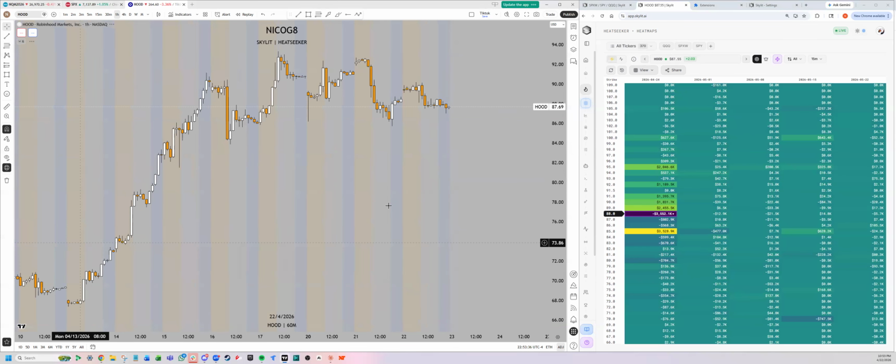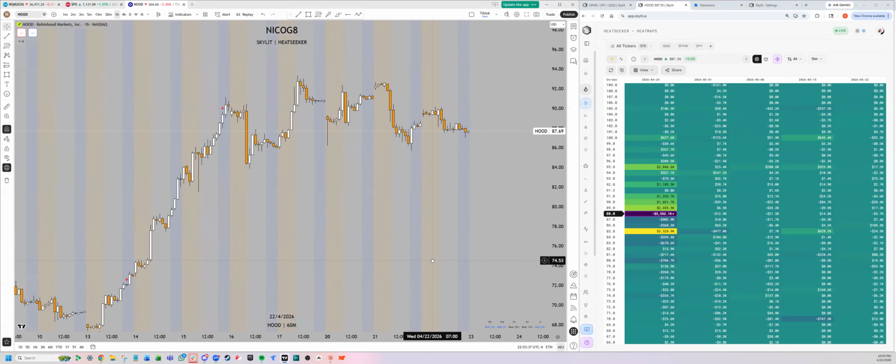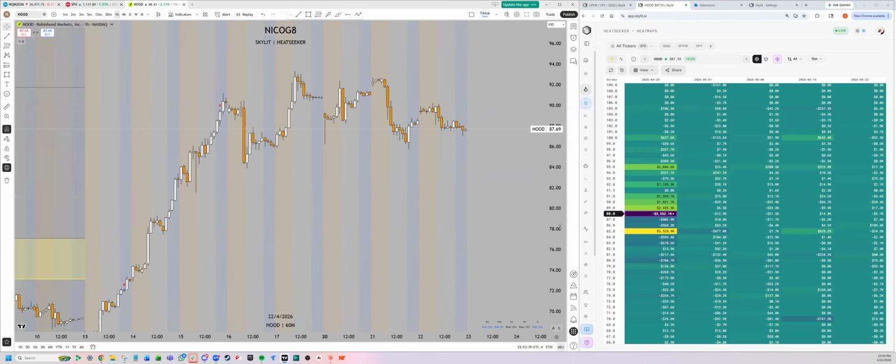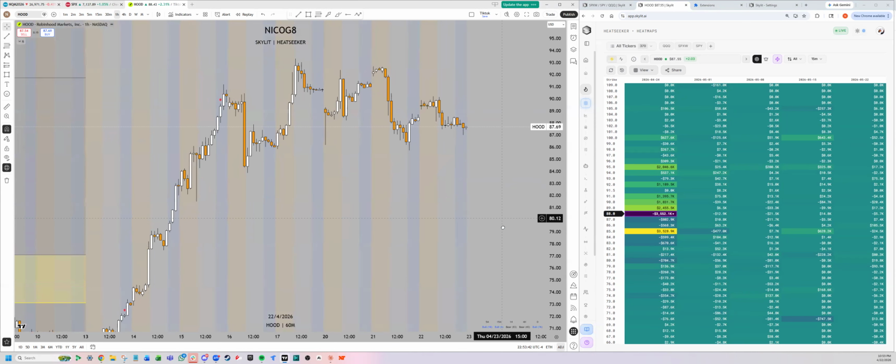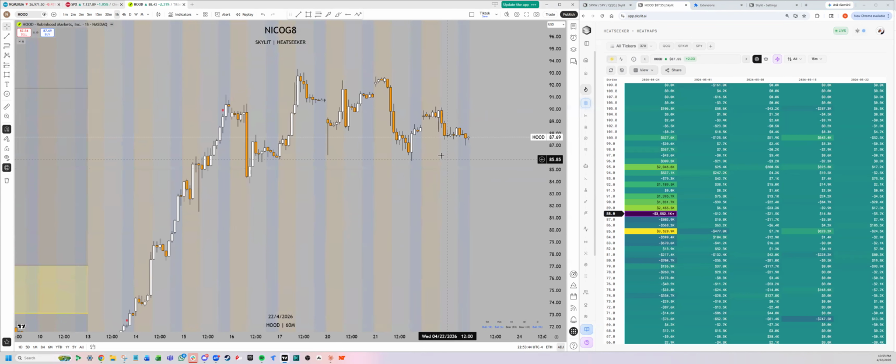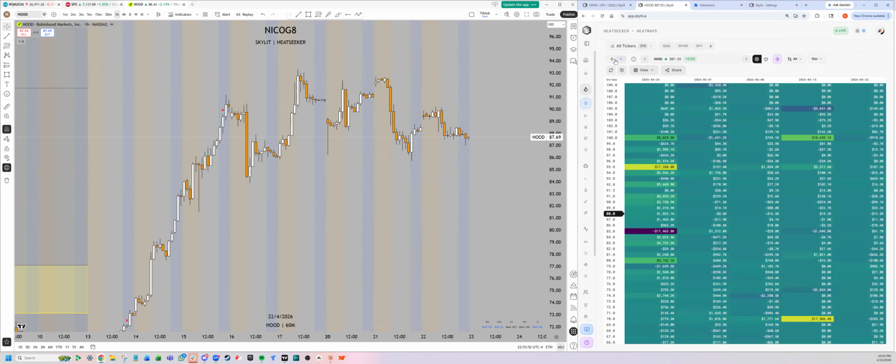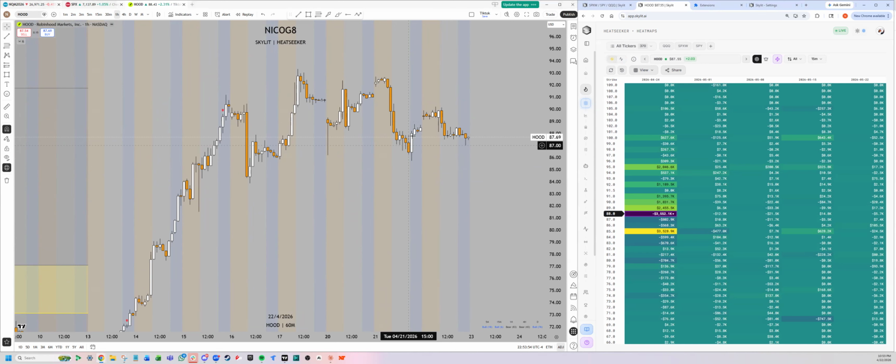Hopium on Hood for upside. Actually, I'd be looking more at ups, expecting more of a downside move. Double top.